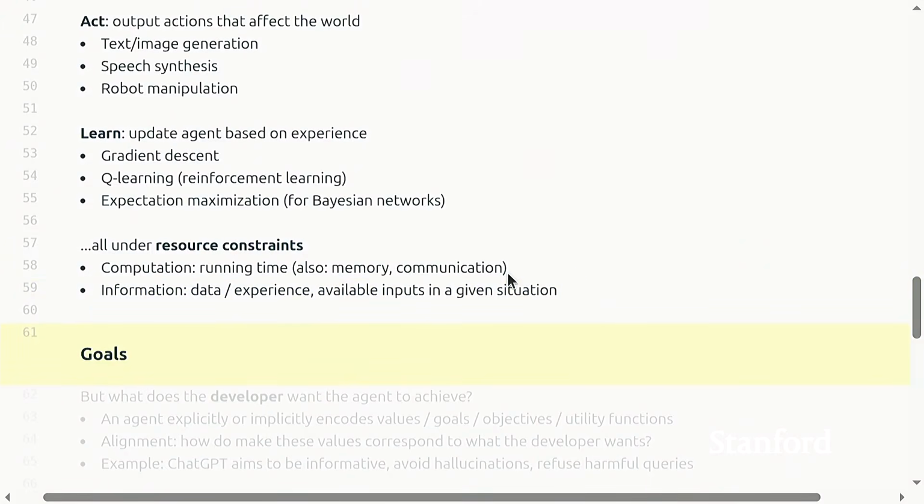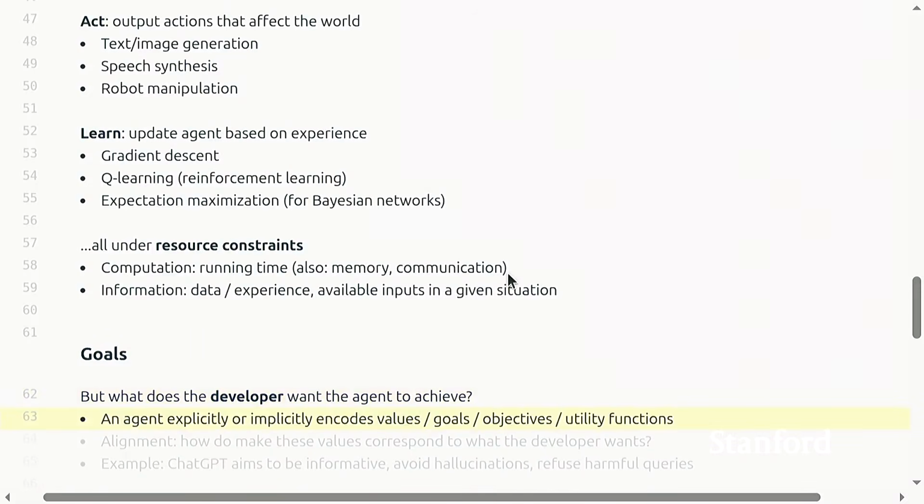Okay, so we've talked about what an agent does, but what is it actually trying to do? This is, in some sense, the deeper part of the conversation, and it can be broken up into two questions. The first is, what does the developer of the AI agent want to achieve?